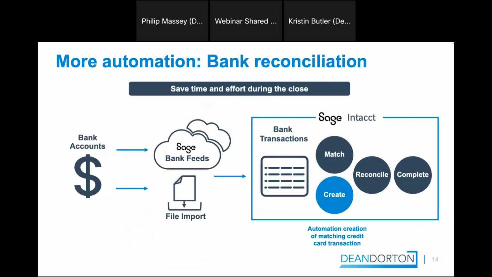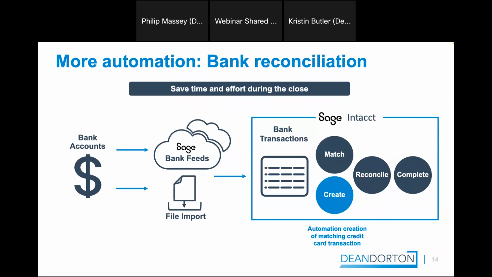So we've got some more automation in the bank reconciliation. If you guys haven't tried the bank feeds part of Sage Intacct yet, I've got to ask where you've been, because this has been out for a little while now. But with 2022 Release 3, we now have bank transaction rules within that engine that can automate the creation of credit card transactions.